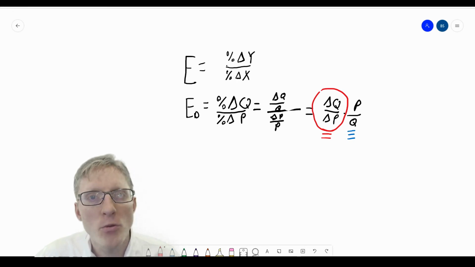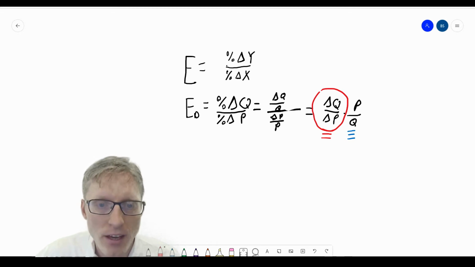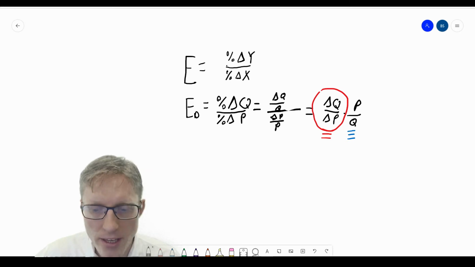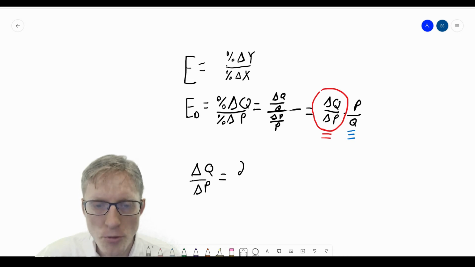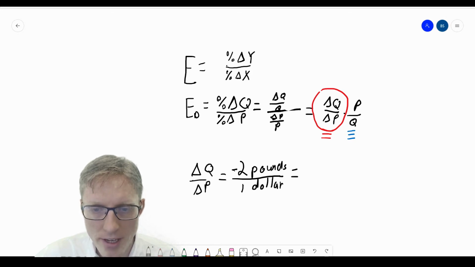So, for example, if you were to measure quantity in pounds of something, and price in dollars, and let's say that you find that change in Q over change in P is equal to minus 2 pounds over $1, or just equal to minus 2.